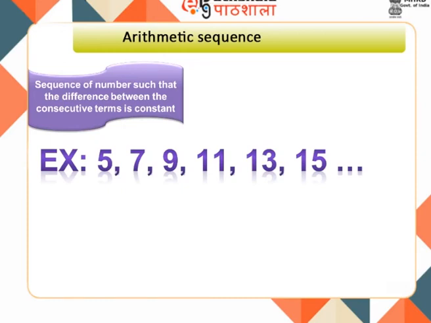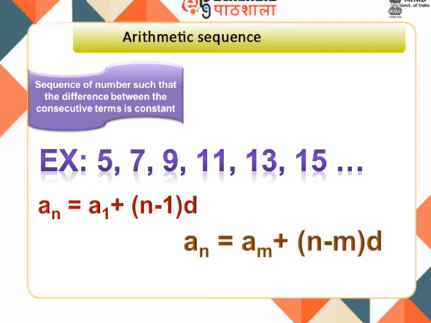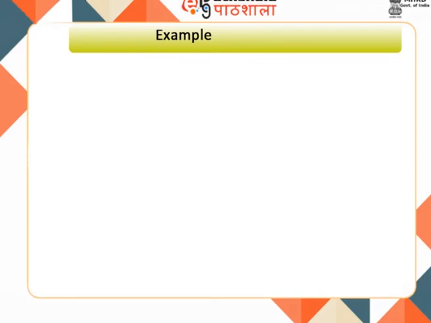If the initial term of an arithmetic progression is a1 and the common difference of successive numbers is d, then the nth term of the sequence an is given by an = a1 + (n − 1) × d, and in general an = am + (n − m) × d. Let us now take an example to understand arithmetic series.